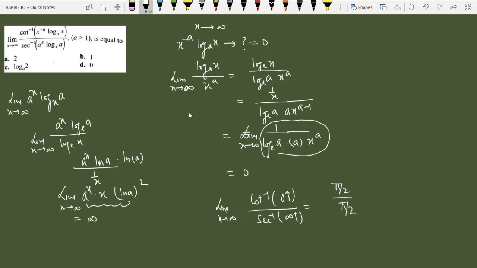Now sec inverse infinity means pi by 2. So the answer is 1.